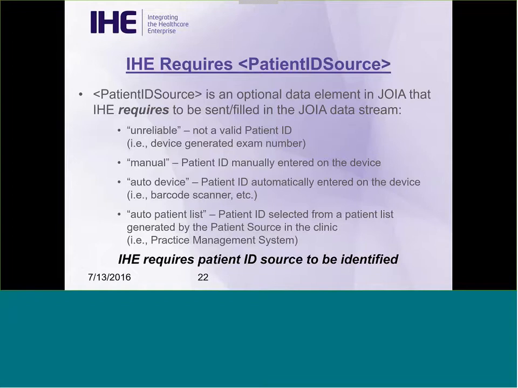Then we had the other ones we've talked about in the past: manual, auto device, auto patient list. This is a requirement if you're IHE compatible at this level. So we raise the bar of Joya.